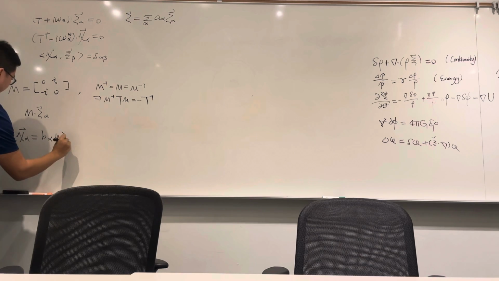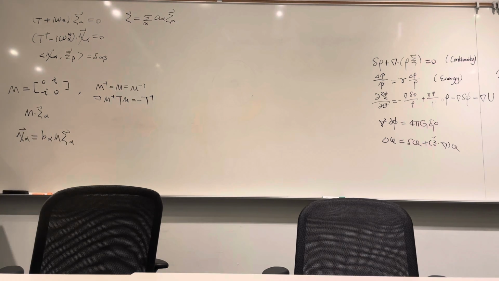So is this a property of the Hamiltonian decomposition, or is there a way to see which property? Like the fact that m times zeta alpha satisfies this? Well, I would say it's mostly mathematical. I'm telling you how to construct your left vectors from the right vectors.